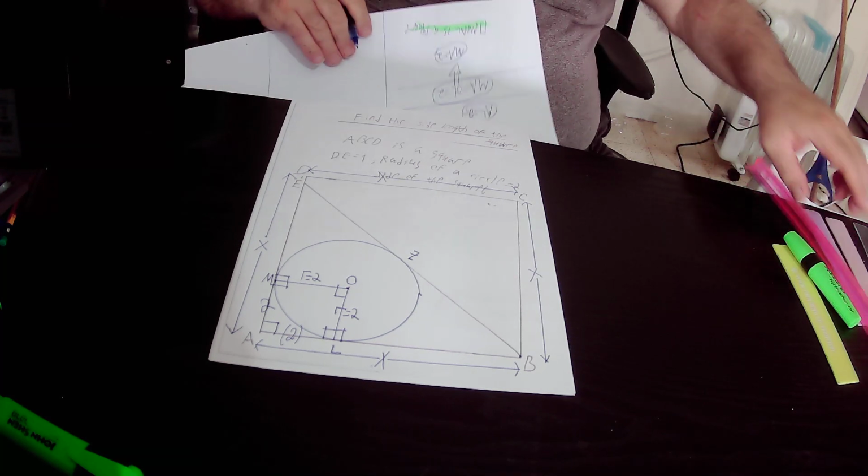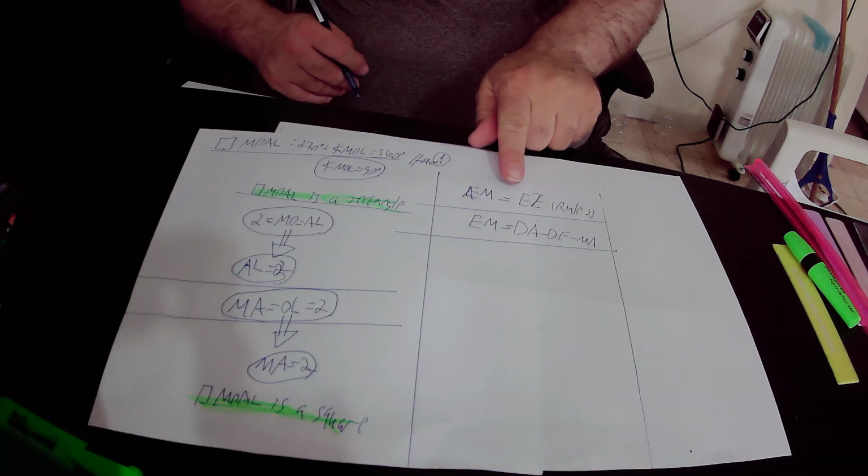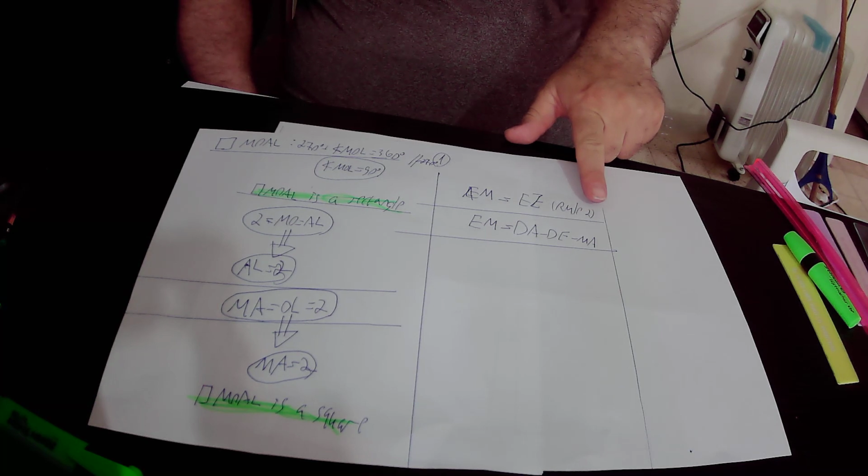I repeat again, the length of tangent EM, from the drawing it is very easy to see that it is equal to dA minus dE minus MA.